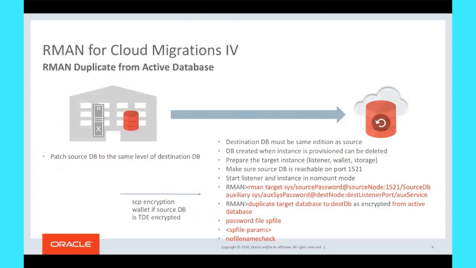So if the source database was not encrypted, you don't have to go through encryption either before migrating or immediately after the migration. You can just do a duplicate target database to the destination database as encrypted from active database, and RMAN will duplicate your database and encrypt it on the fly.